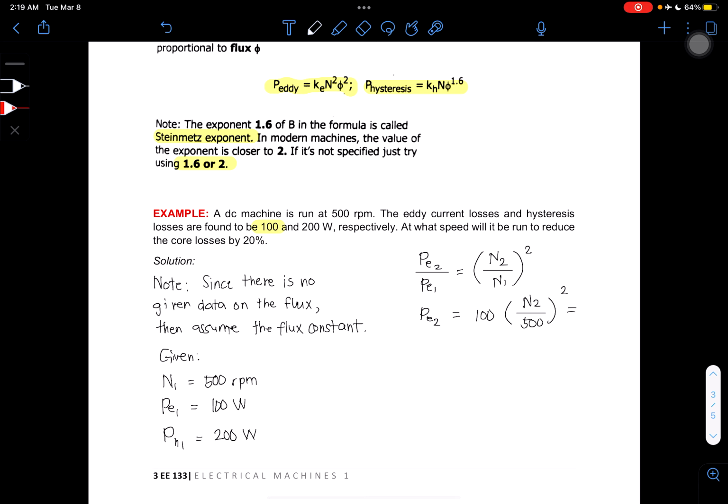So the answer will be 0.0004 N2 squared. And for hysteresis, same ang formula, P_H2 over P_H1 equals N2 divided by N1, raised, so sa hysteresis, wala squared.